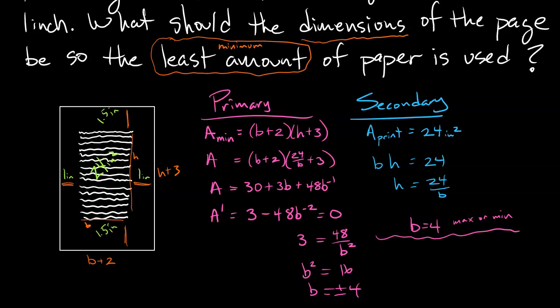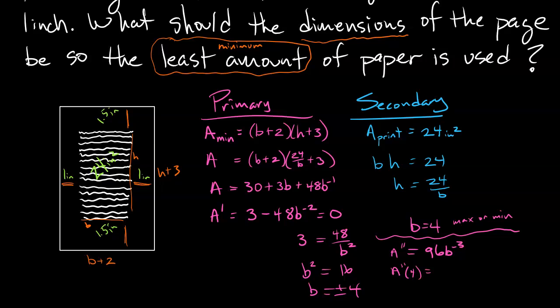So I either have to do the first derivative test on A prime, or I have to do the second derivative test with a critical number. I'm going to take the second derivative just because that's my preference. And I would get 96 b to the negative 3. And if I put 4 in there, I would get a positive answer.